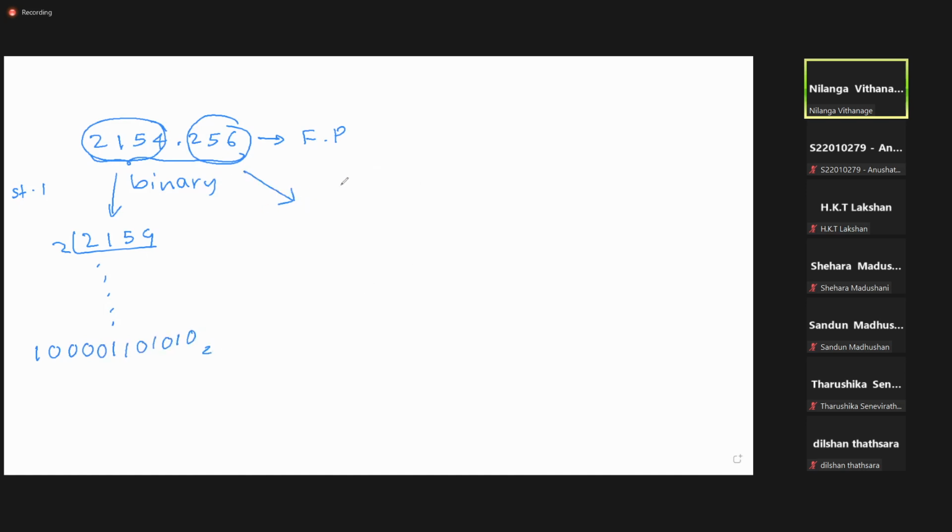Here also you have to do multiplication, no? 0.256 multiplied by 2. You do the calculation and you can get the fractional part as well. Let's say 0, 1, 0, 0, 0.